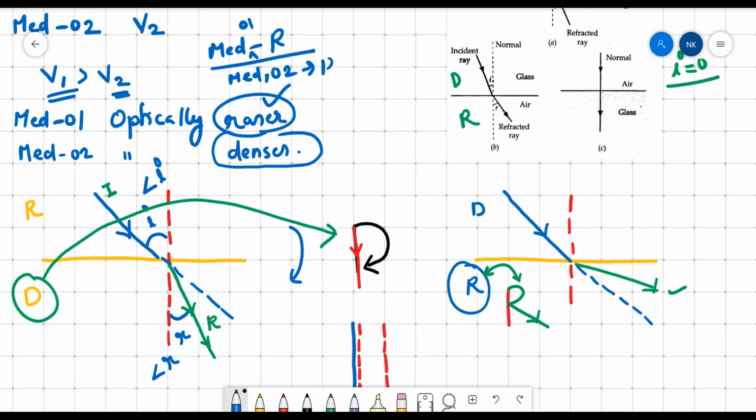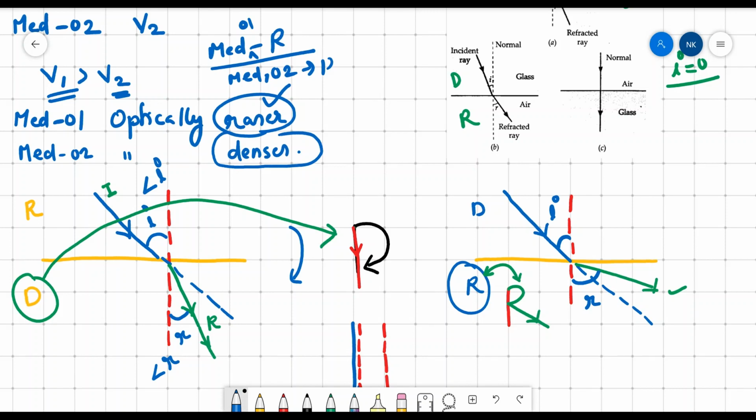Okay, so here this was R, and in this case, here this is I, and here this is R. So refracted ray, I already explained, means it's the path of light in the second medium, path traveled by the light in second medium, that is known as refracted ray.